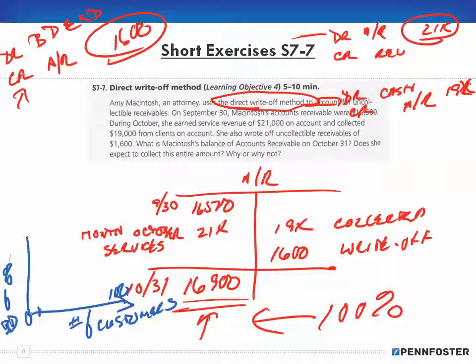Well, the percentage of bad debt is probably going to be very, very low right here. But as we have more and more customers, the chance of that percentage going up, let's just call this mark, say, 2% right here. That's what a graph would look like, of the number of customers and the percentage of customers that would end up being bad debt. So the greater the number of customers, the greater the chance of having that bad debt. And that's what it would look like on a graph.